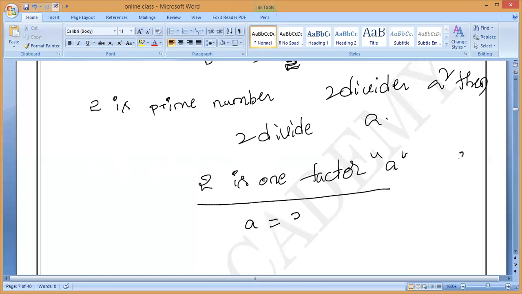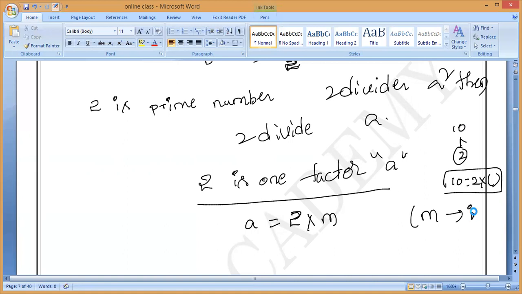A is equal to 2 into M, where M is some positive integer. So A equal to 2M.